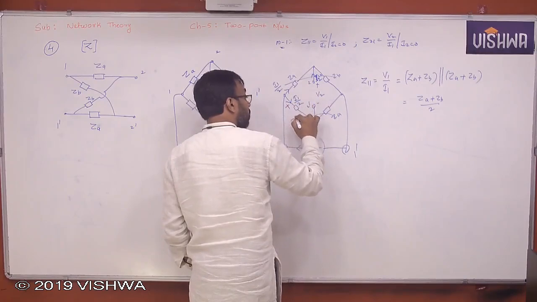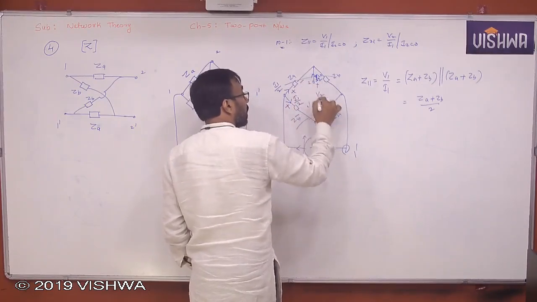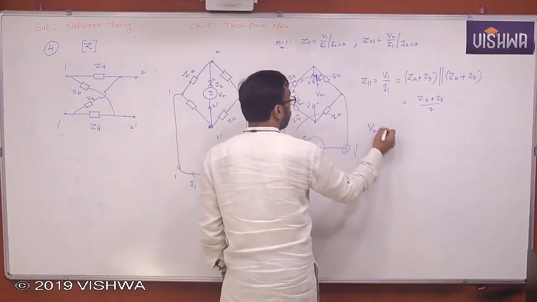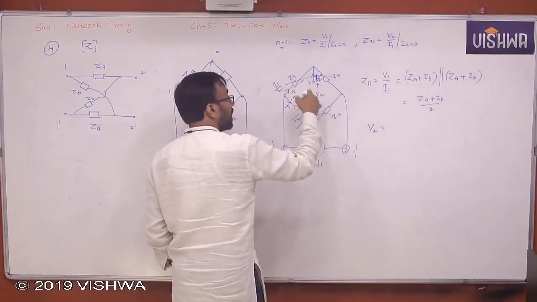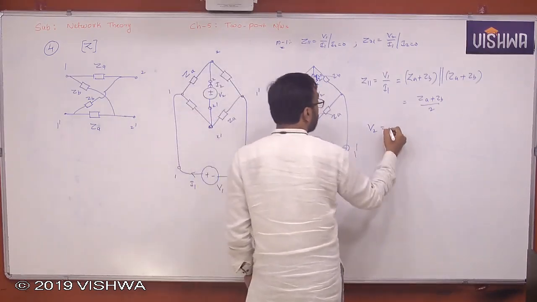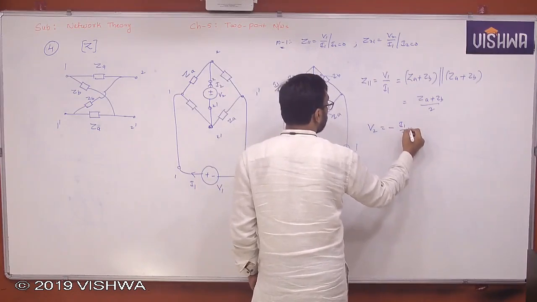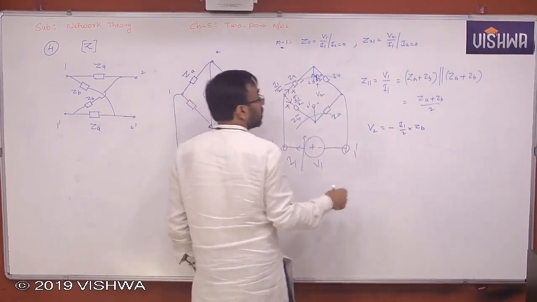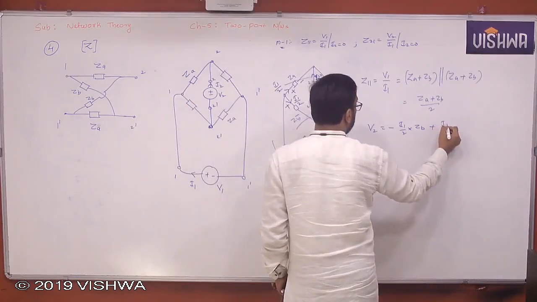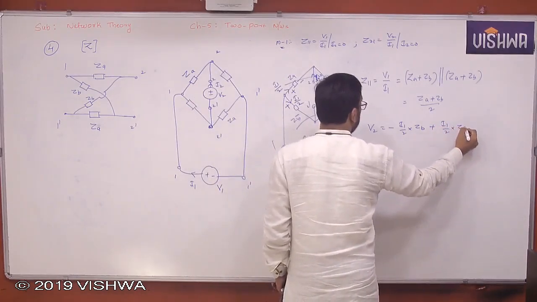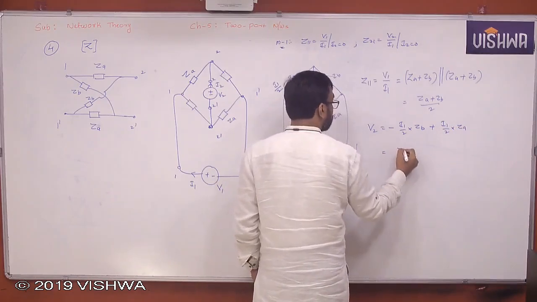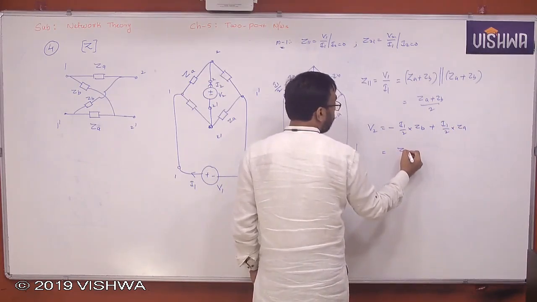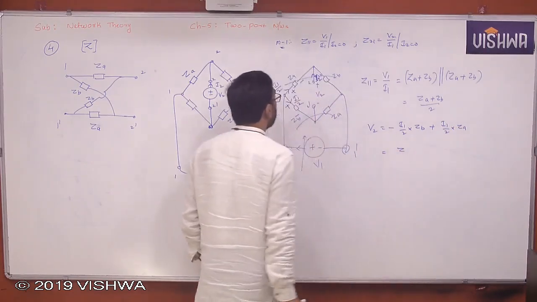The polarities will be like this. Now V2 can be written using the touching concept, from plus to minus. When I touch the negative sign here, minus of I1 by 2 into ZB. I'm touching the positive sign first here, so plus of I1 by 2 into ZA. So I got now Z. I hope you understand.